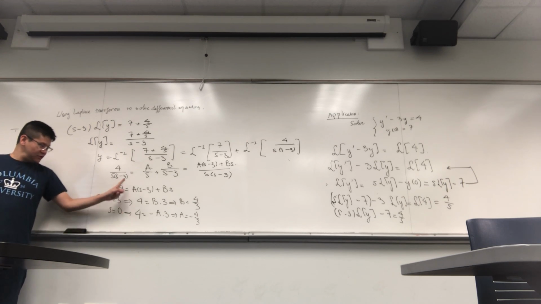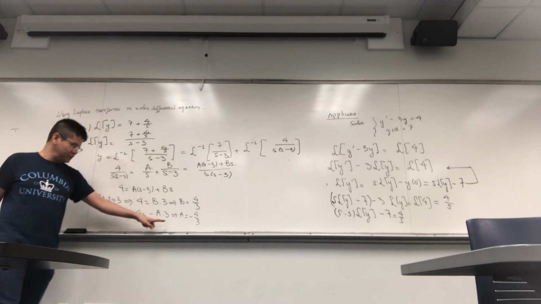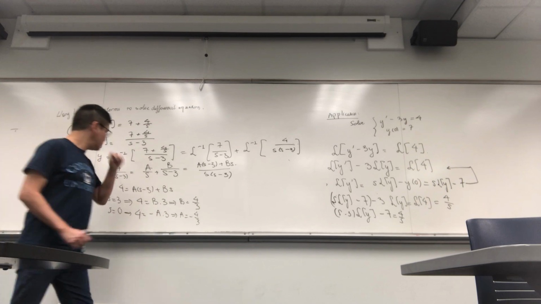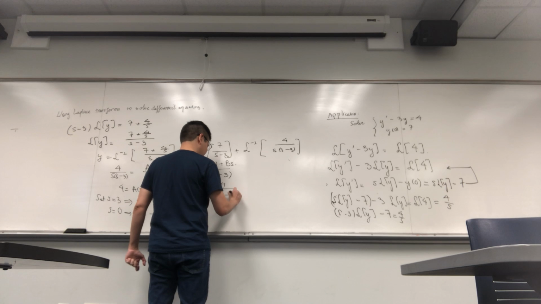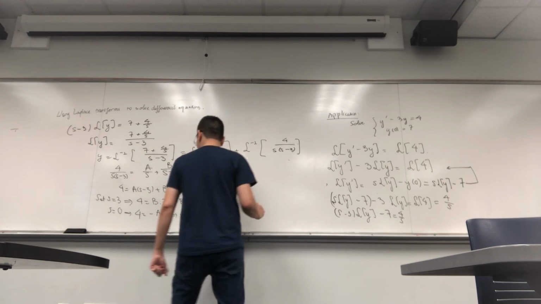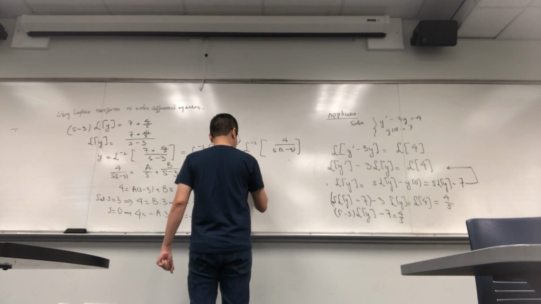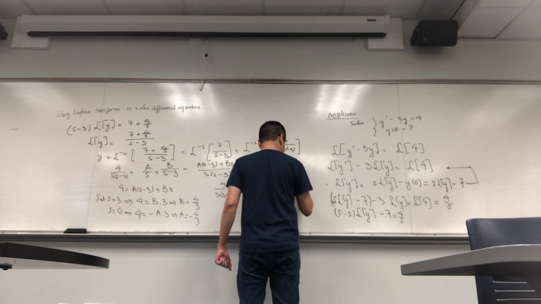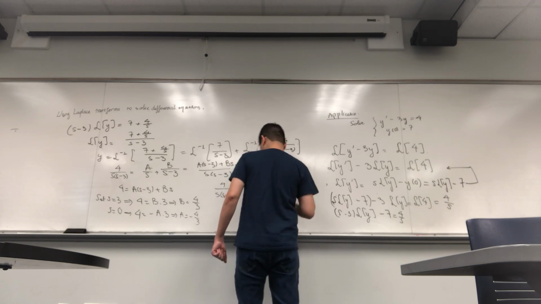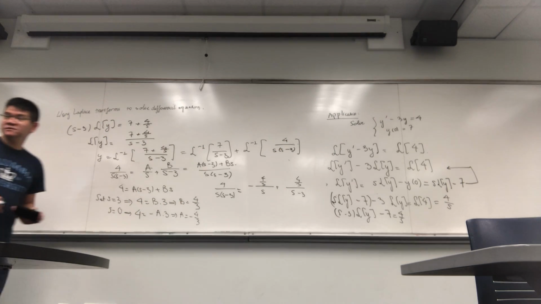When s is 0, you have 4 is minus a times 3, and a is minus 4 over 3, which means that 4 over s minus 3 is going to be minus 4 over 3 over s plus 4 over 3 over s minus 3. All right?